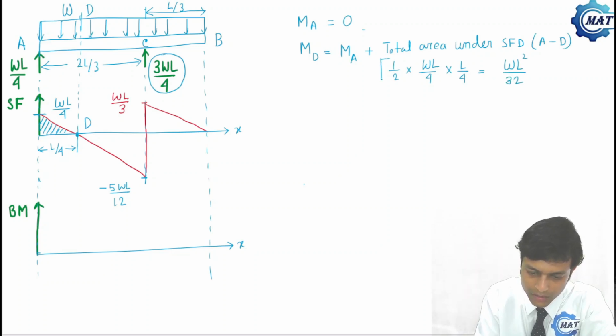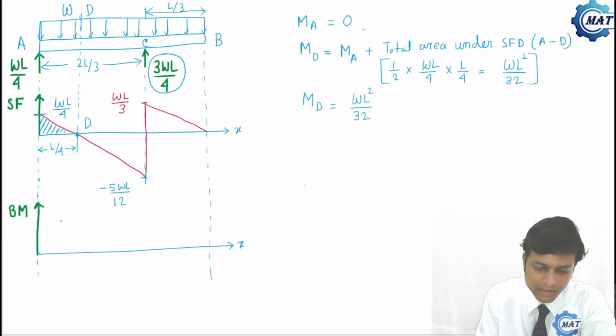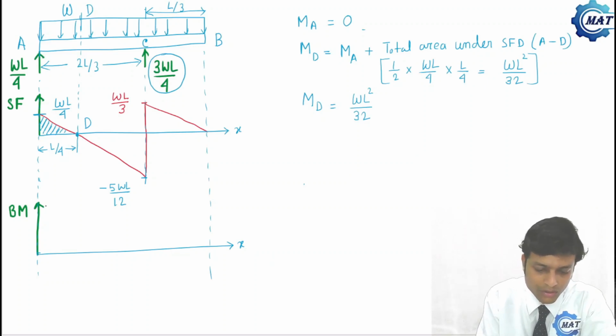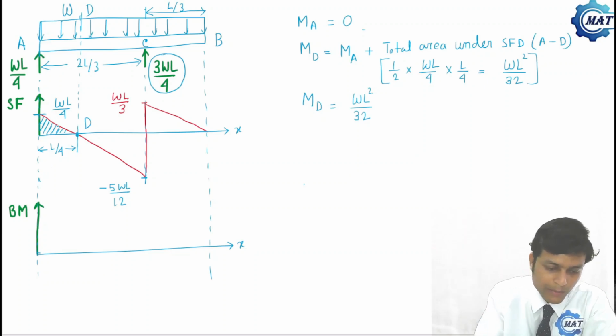This is the total area. Now MA was 0, so MD becomes 0 plus WL square by 32, that is WL square by 32. And as shear force is a straight line, the nature of the bending moment will be parabolic.